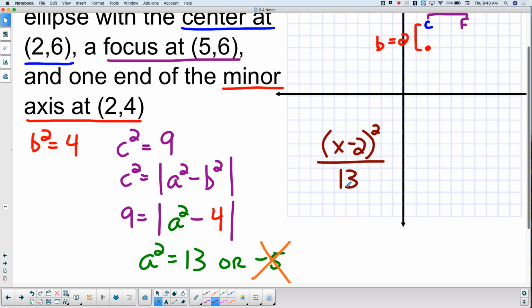He went a to the 4th power for his, not so good. Then plus parentheses y minus 6, quantity squared, over 4 equals 1.